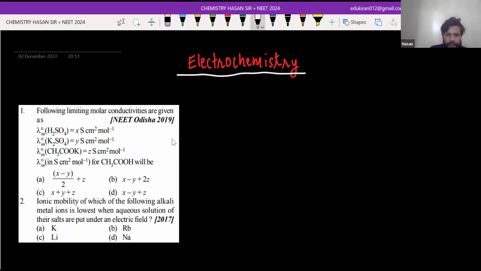So in electrochemistry, this first question is based upon Kohlrausch's law. You can do this easily. And the next is the mobility in aqueous solution, lowest.